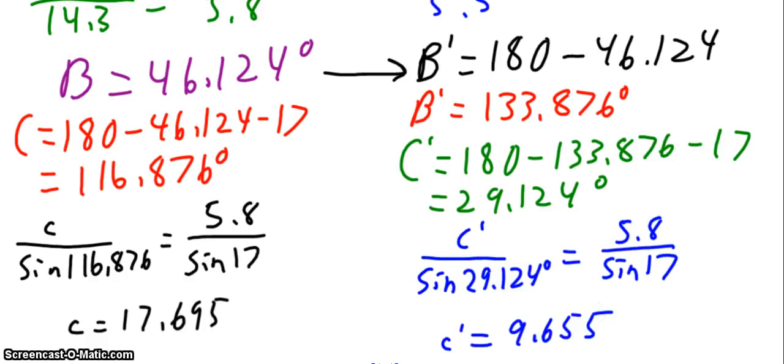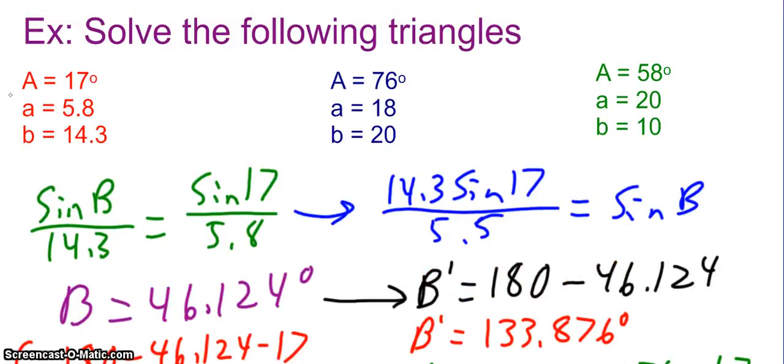So again, the process there was to assume that you have at least one solution and go ahead and try to find it. I found an angle B that worked, so therefore the one solution most likely exists. When we find angle C, it could have turned out to be invalid, but we would figure that out pretty quickly. Then I assume that there's a second solution, so I find the supplement of the original angle.